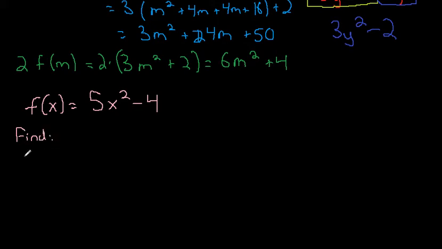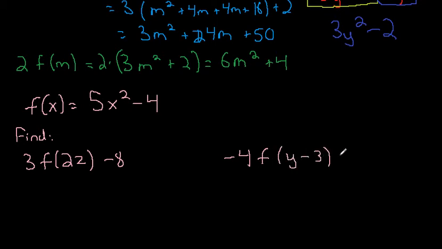I want you to find 3 times f of 2z minus 8. And I want you to find negative 4 times f of y minus 3, plus 2. Please pause the video and try this before continuing.